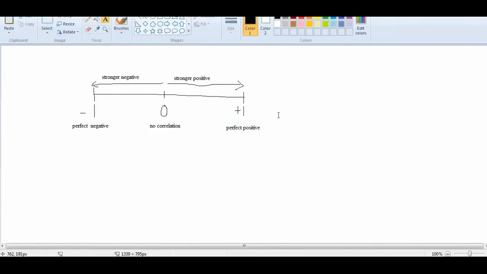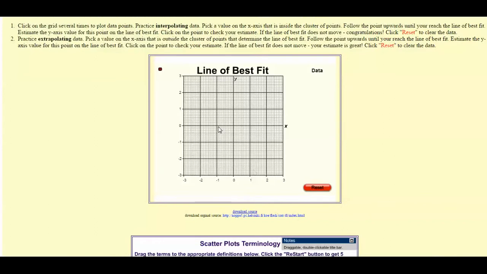And I'll show you what a perfect negative and a perfect positive would look like. I'll go back to the website. If the dots all perfectly line up on a straight line going from left to right, it's a perfect positive correlation. So this data set would come out to a value of +1.